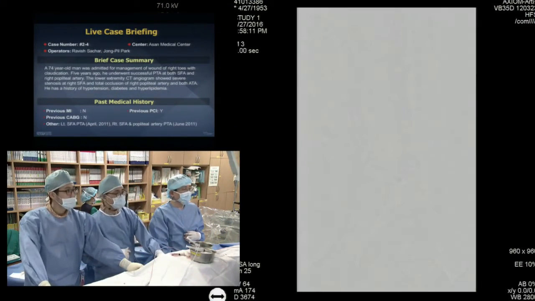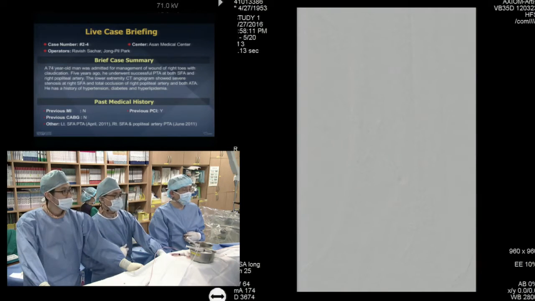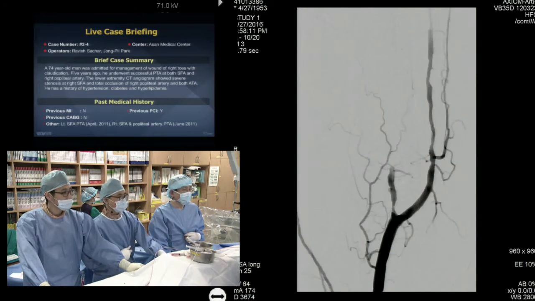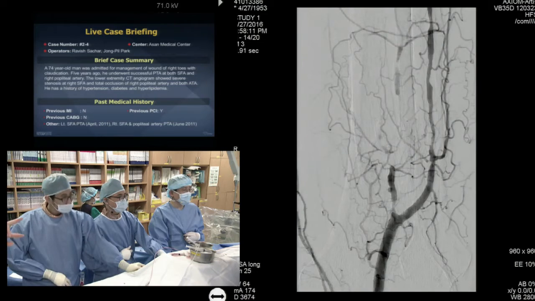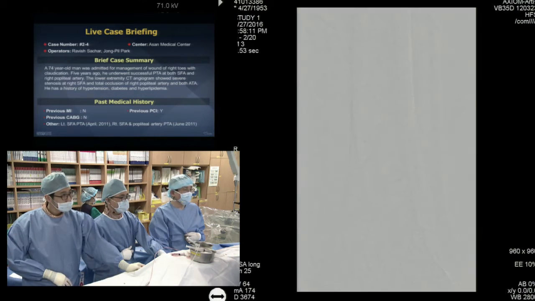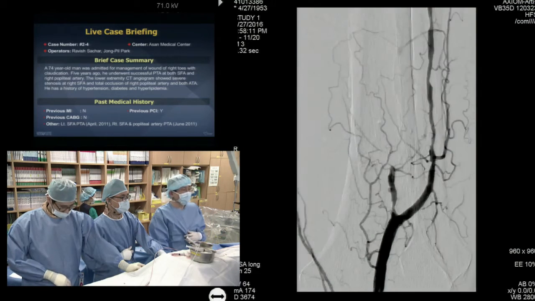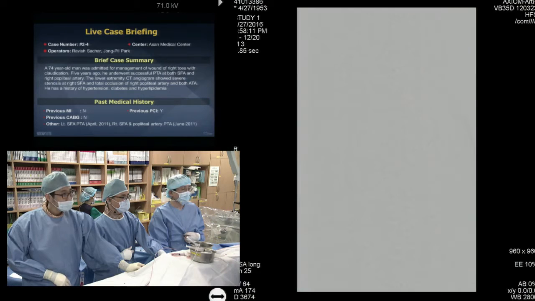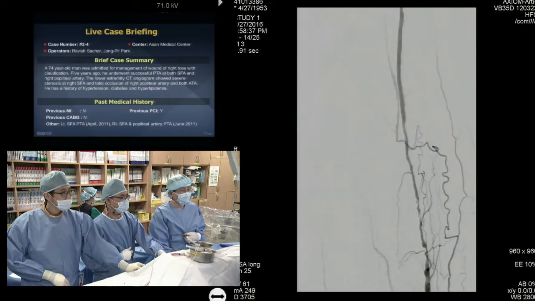Yeah, I took a DSA of the proximal portion of ATA, like this. So you can see some peroneal flow by collateral circulation. Can I have the next one, please? This is the mid part of the BK artery. Next one, please.